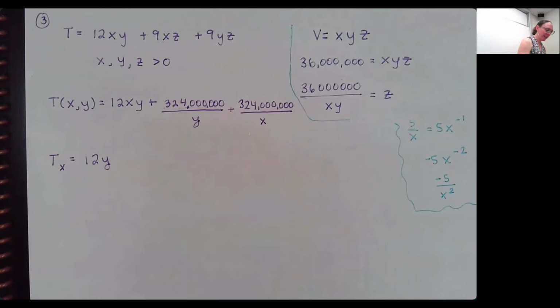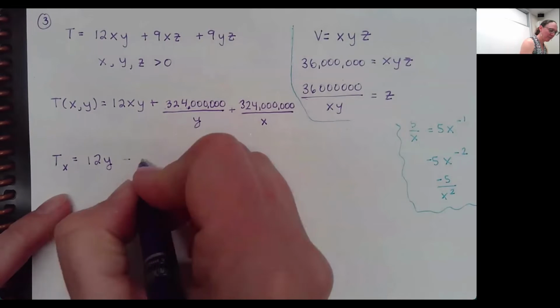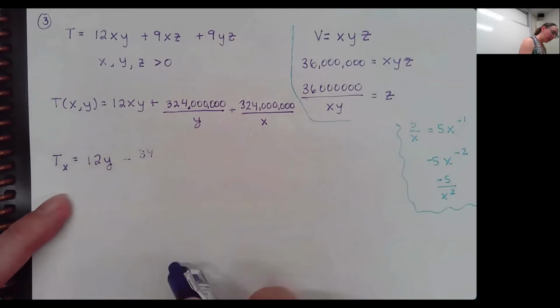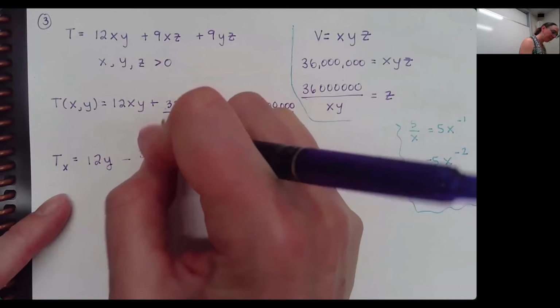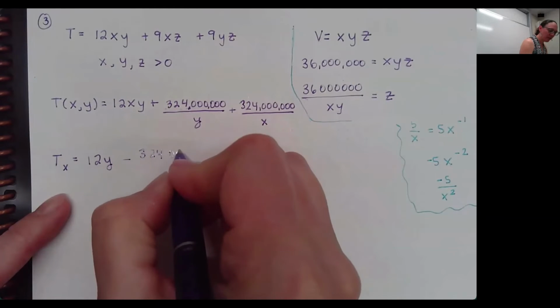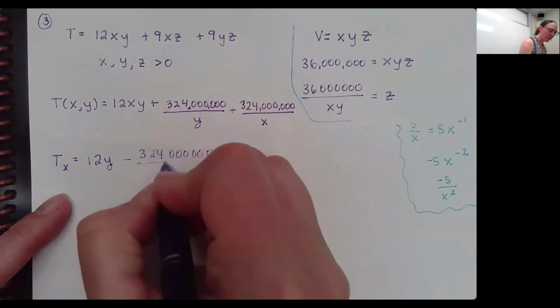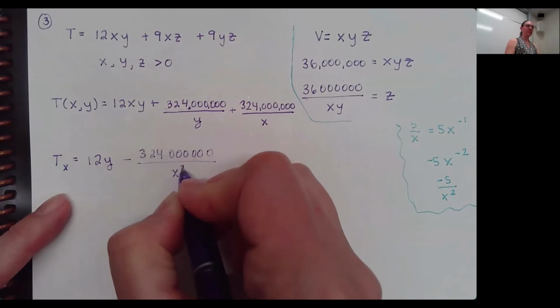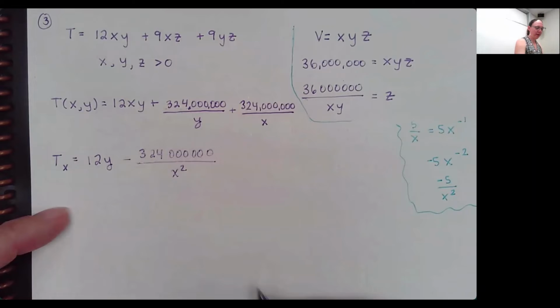So I'm going to write this as minus 324 million over x squared. And that would need to be equal to 0.